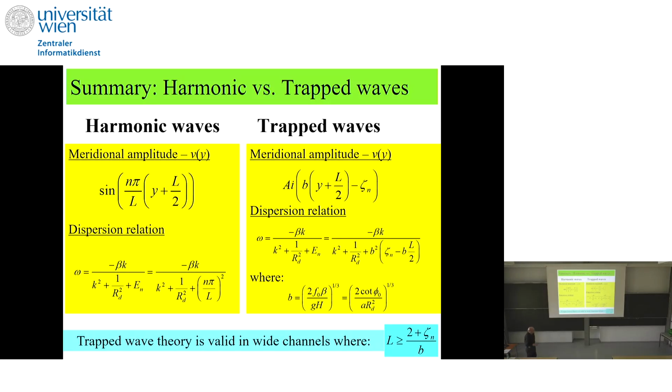So the condition for the validity of this theory is that the domain, this L, becomes larger than this arbitrary number where I chose the location of the northern wall of the channel, or far in, what we call infinity, very large. So 2 is very large.